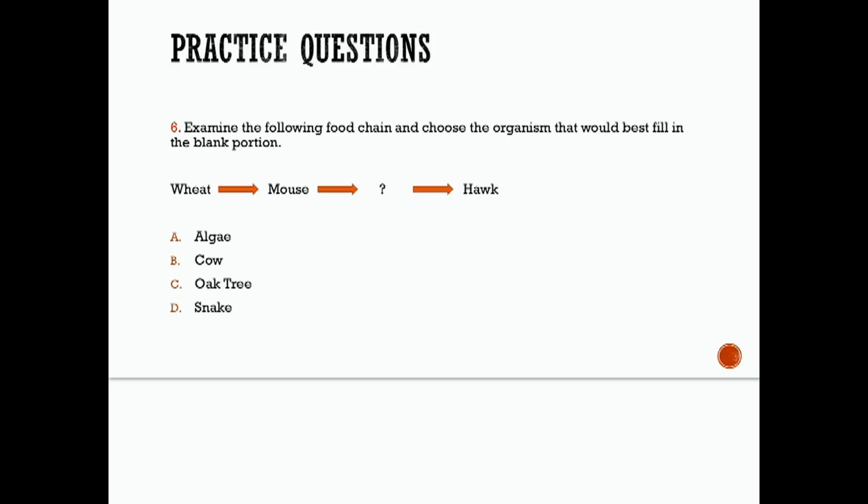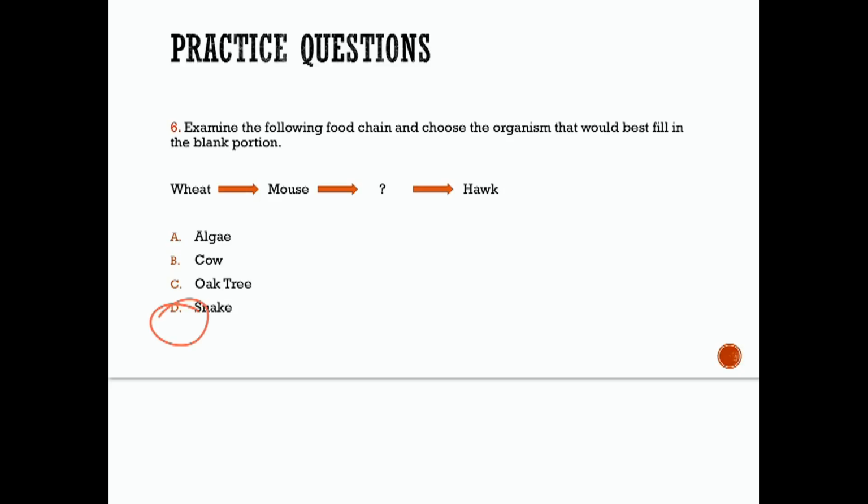In this case, you're looking for an organism that would consume a mouse, but be consumed by the hawk. Hawks are carnivorous, but only consume animals equal to or smaller than they are. And a snake is a favorite food of a hawk. So we're going to look at D.